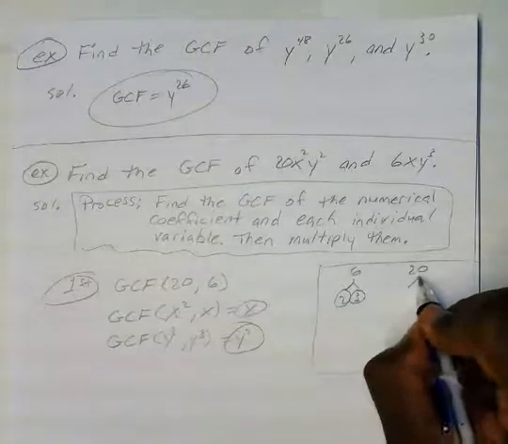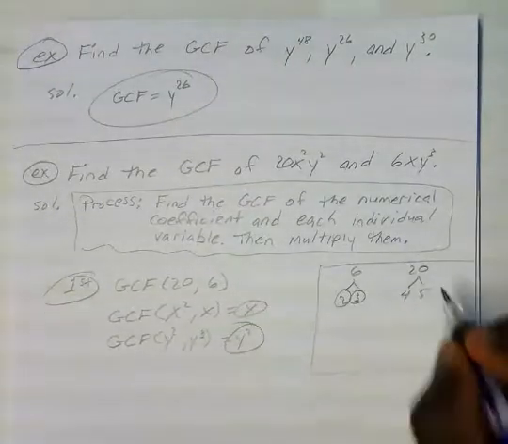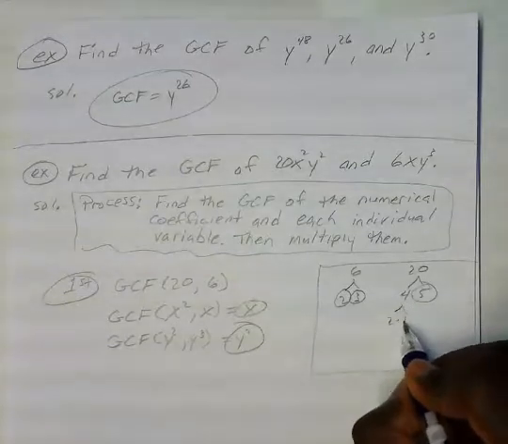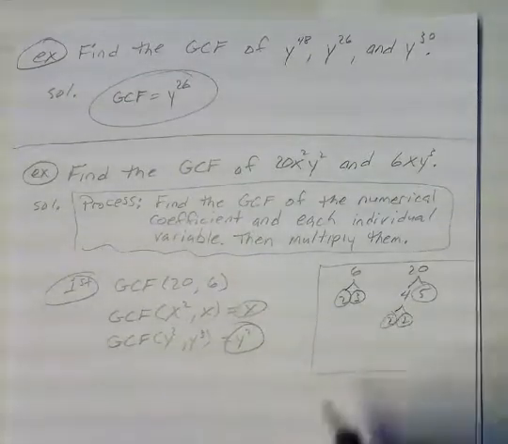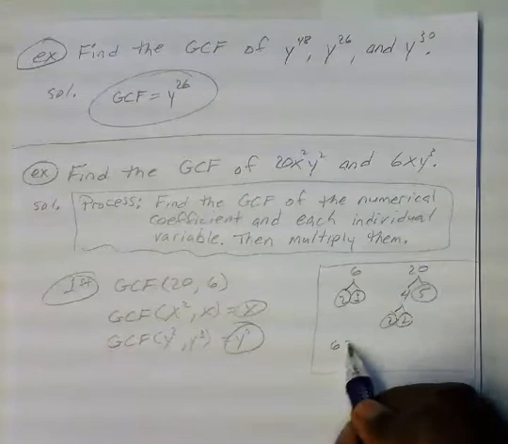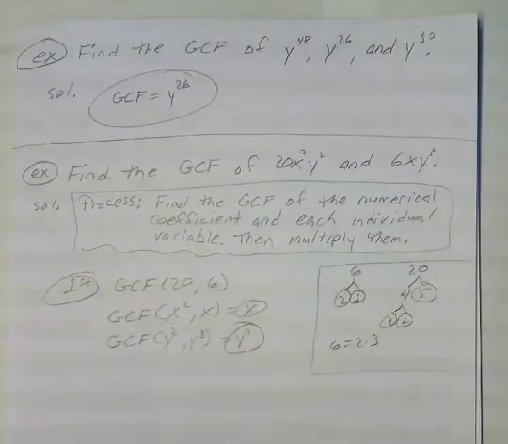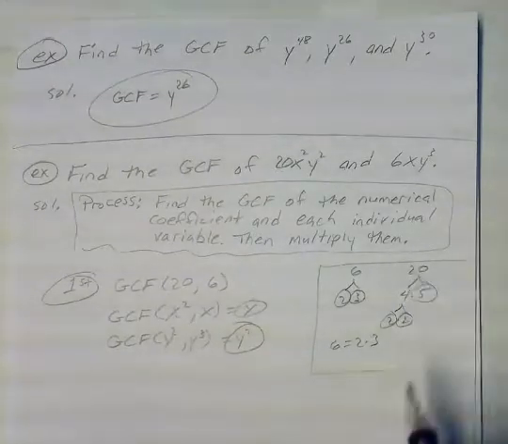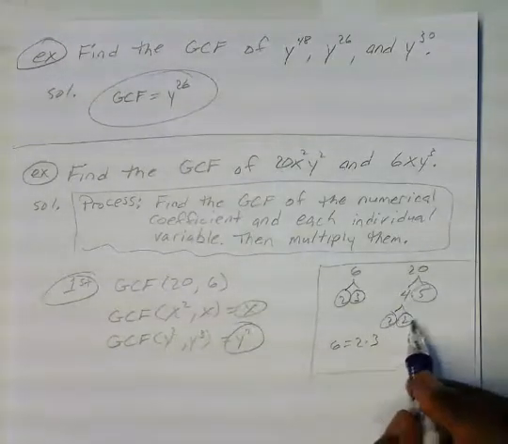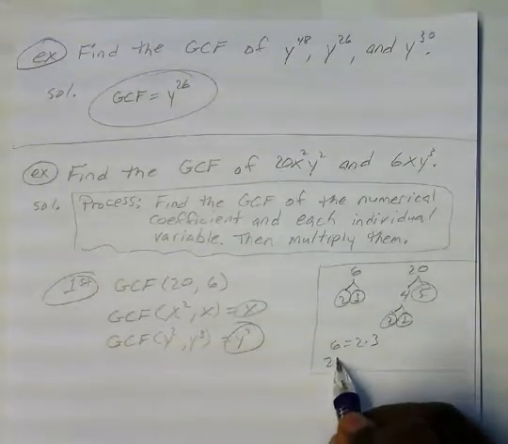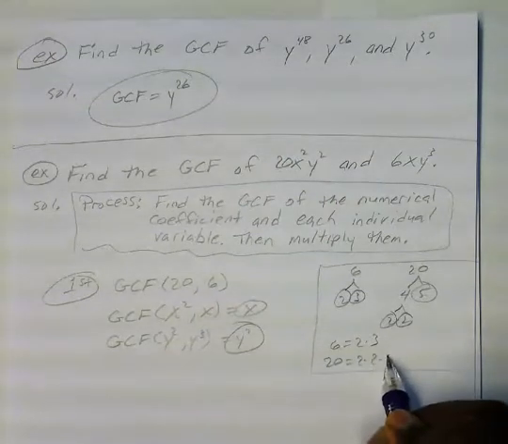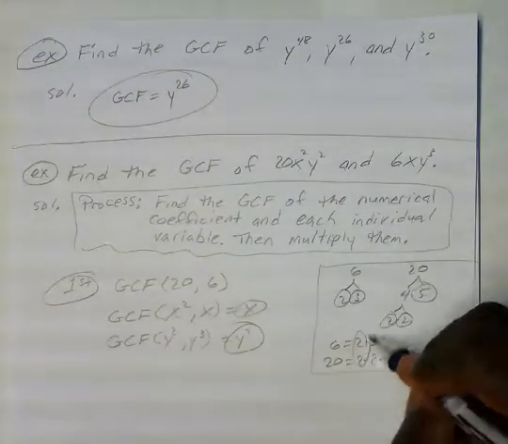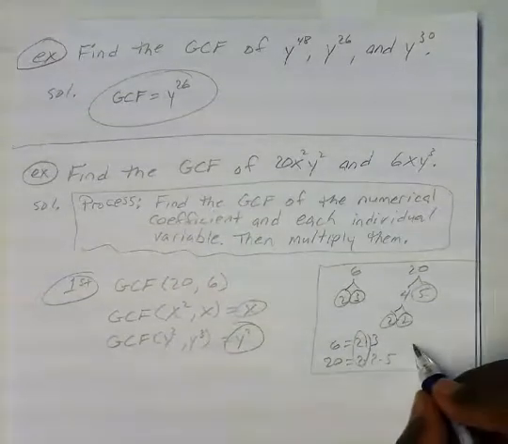And 20 is 4 times 5, where the 5 doesn't get reduced anymore, and 4 is 2 times 2. So we know that 6 is 2 times 3, and we know that 20 is 2 times 2 times 5. So the greatest common factor of just the 6 and the 20 is 2.